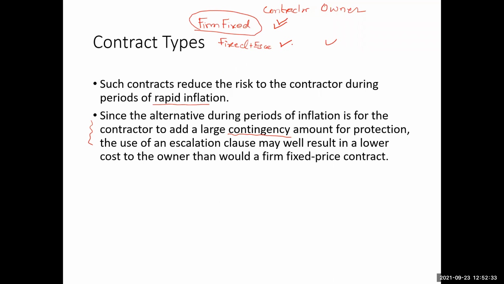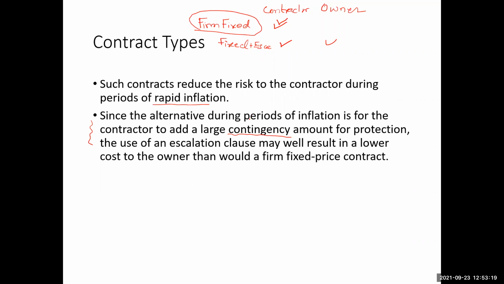So in that situation, if the owner can have the fixed price with an escalation clause in the contract, the owner may get an appreciably lower amount compared with what the owner would get if the owner insists on the firm fixed price contract. Therefore, to avoid unreasonably large contingency costs in the project, the owner may better choose the fixed price with the escalation clause.